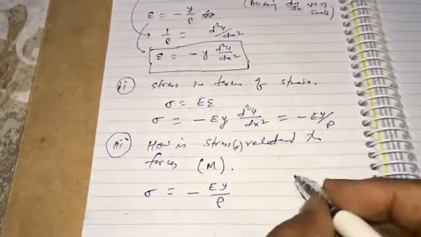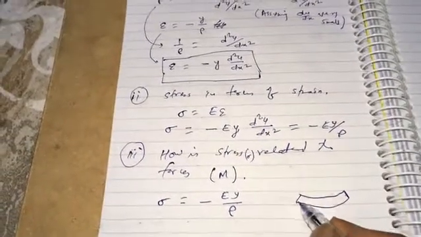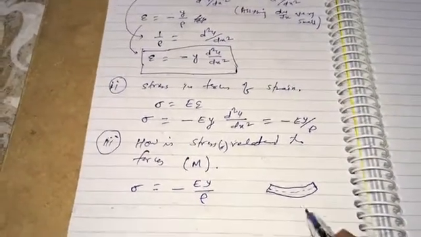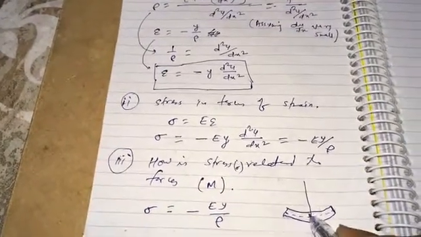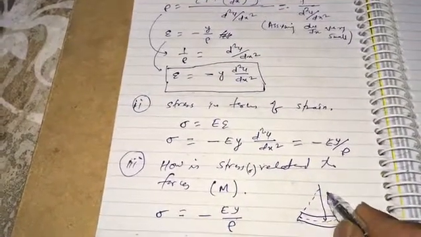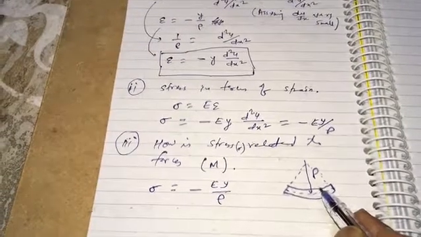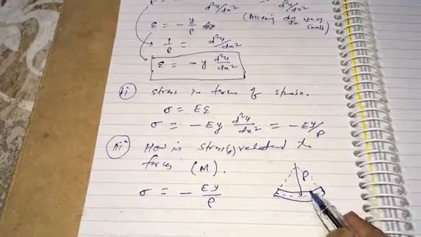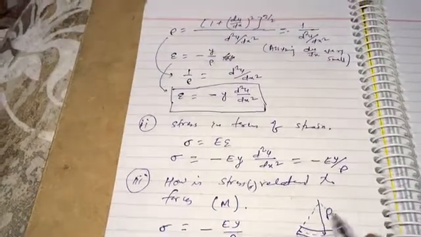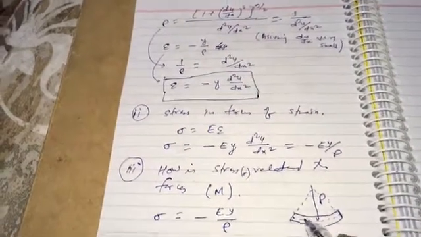Now, for pure bending, we will have a pure circle here. So this will have rho, where rho is the radius of curvature for the neutral axis, which is constant when only bending moment is being applied.